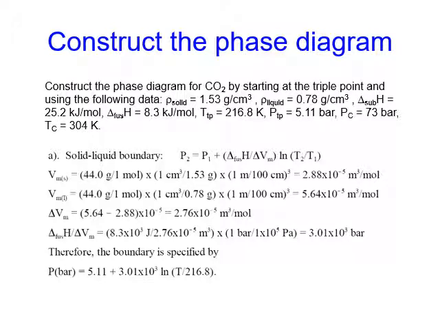Here's a simple question: construct the phase diagram for carbon dioxide. So we look at the three equations we listed in the last slides for the solid liquid, liquid vapor, and solid vapor phase boundaries, and we have the sublimation enthalpy, fusion enthalpy, triple point temperature and pressure, and we also have the density of solid and density of liquid.